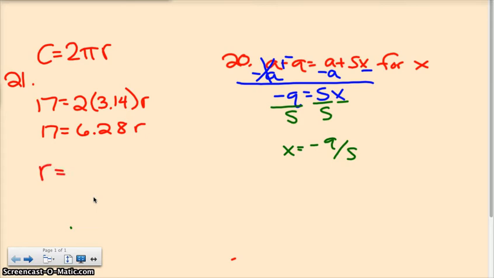Radius is equal to 17 divided by 6.28. Plugging that into my calculator, I get the radius is equal to 2.7 approximately, which is letter D.